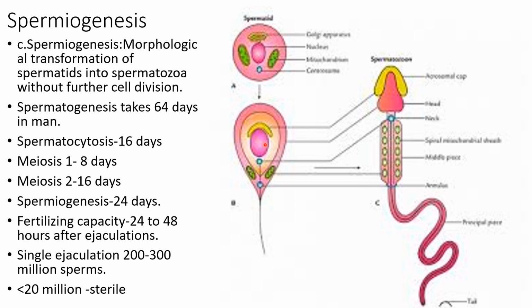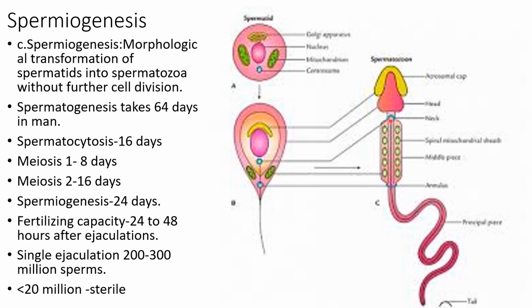Now let us see the structure of spermatozoa. In the spermatozoa, the head is formed by the nucleus, and it contains the haploid number of chromosomes. When the nucleus evaginates the cytoplasm and is still covered by the cell membrane, it forms the head. The acrosomal cap or head cap covering the anterior two-thirds of the head is formed by the Golgi apparatus, and it has the acrosomal granules within it.